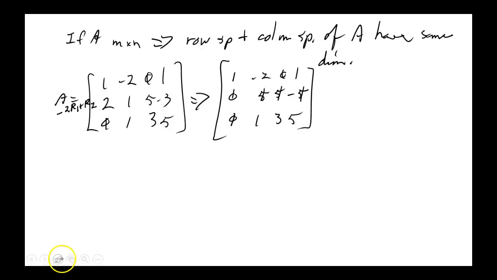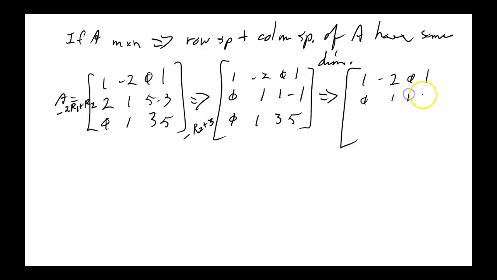Keeping the first row, 1, negative 2, 0, 1; 0, 1, 1, negative 1; and 0, 0, 2, 6.